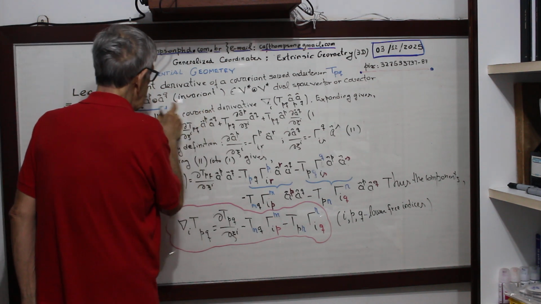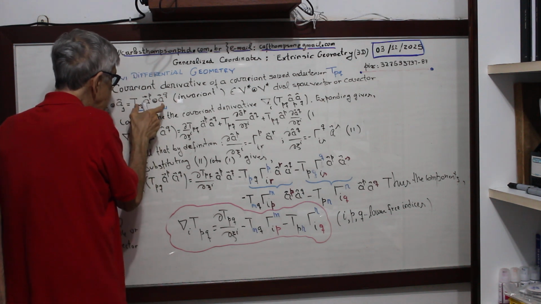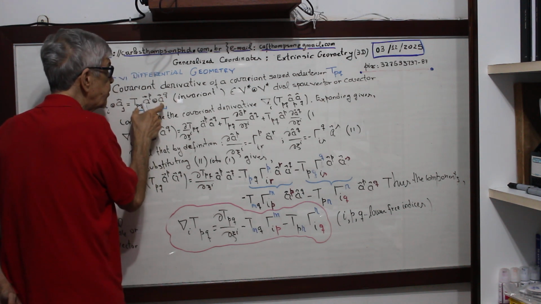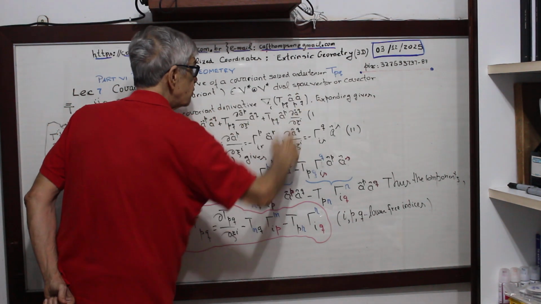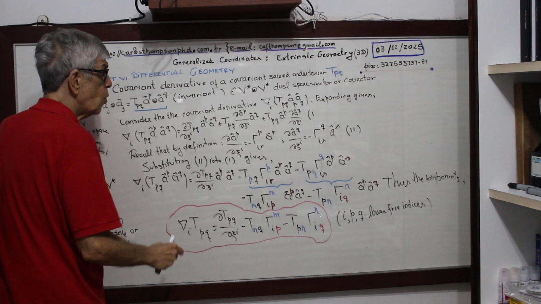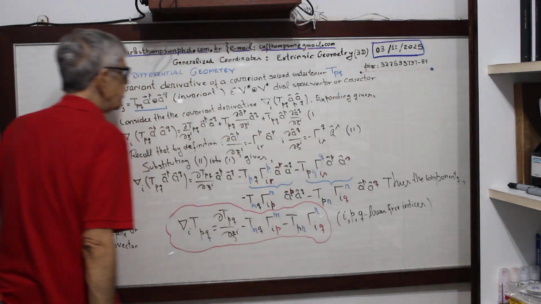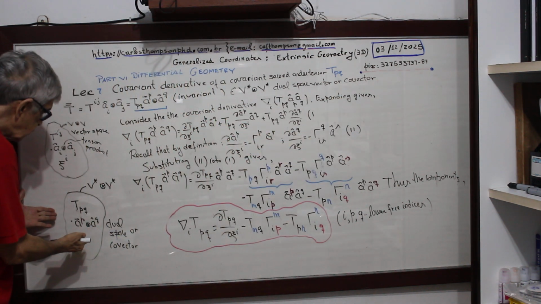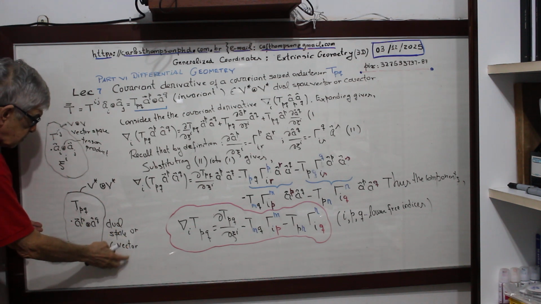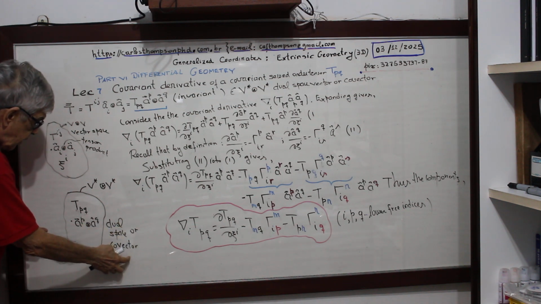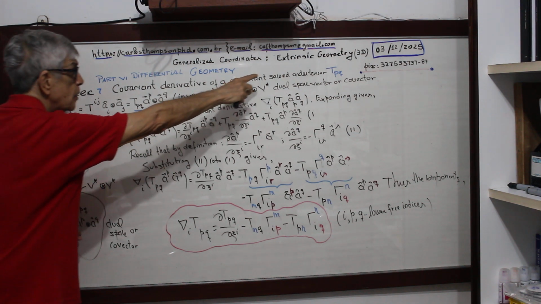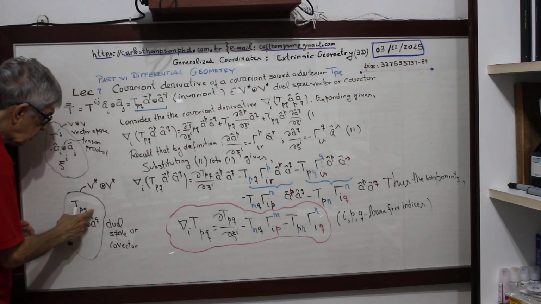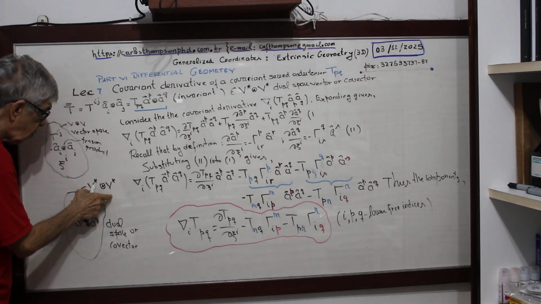Now, what I want to derive, this belongs to the dual vector space, okay? That's a covector. Now, just look at this figure here. This is a dual space vector or covector. See, these components are here, okay, and belong to the dual space vector.